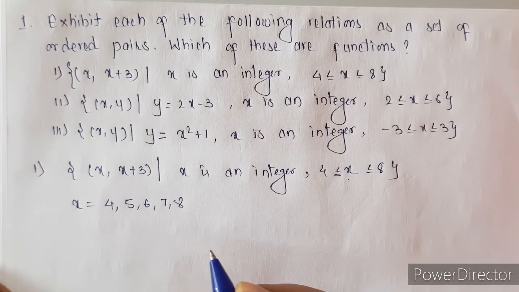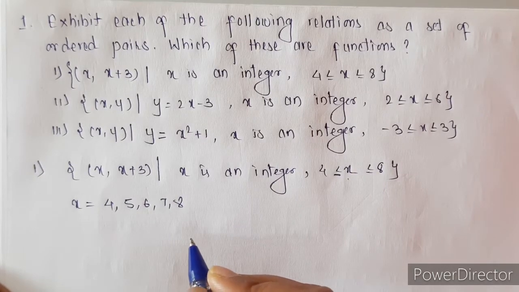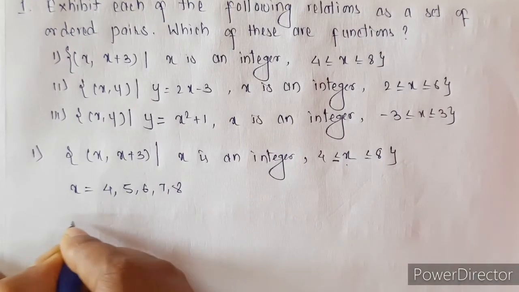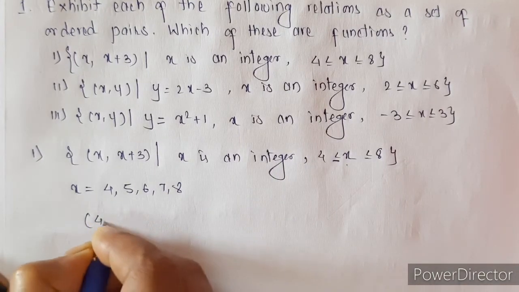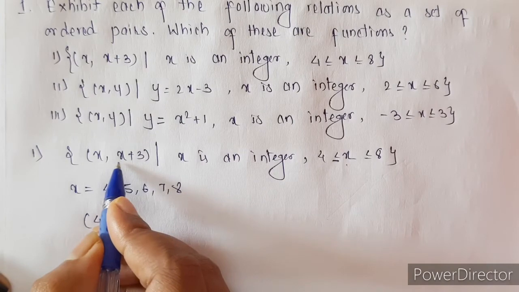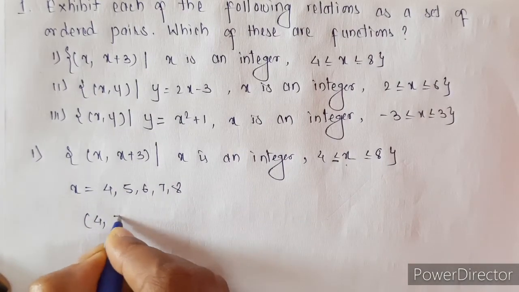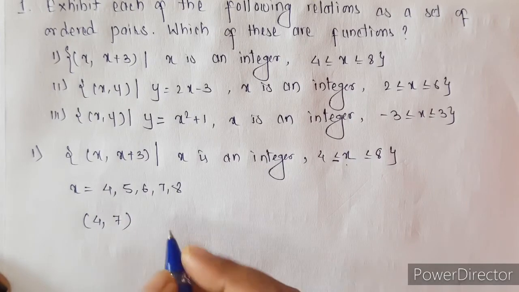So we have these 5 values for x and we have to find the ordered pairs. When x is 4, y is x plus 3, so it will be 4 plus 3, which is 7.